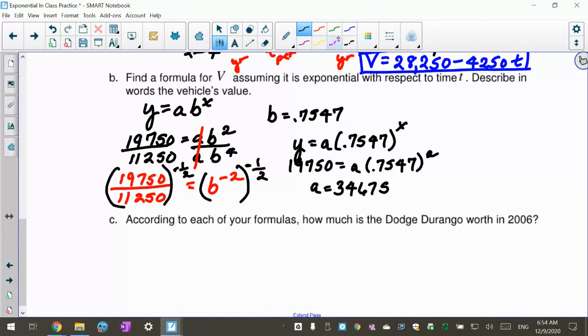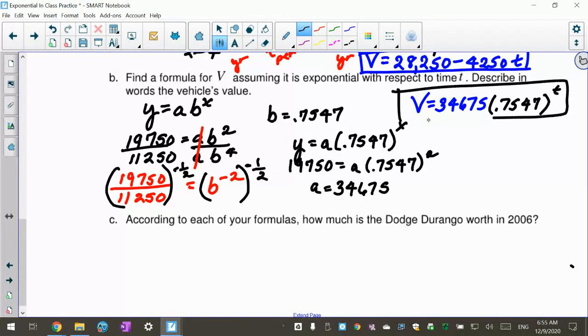So now I want to do the value of this vehicle, the value of this equation. I purchased this in 2000 for 34,675, and whoops, there's no minus sign there. And then I'm multiplying this by, because it's b, 0.7547 to the t. So there is my formula. Now, the reason why I put the decimal there is because I want to show you this. This shows that 75.47% is left.